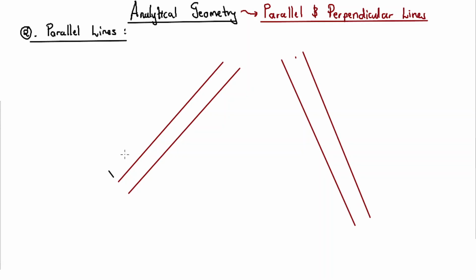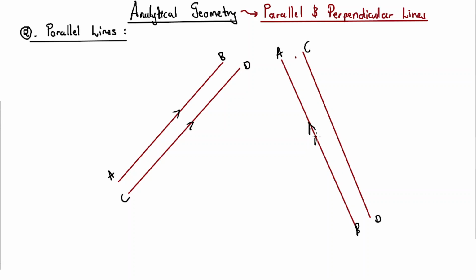So I have line AB, C, D. We say these two lines, AB is parallel to CD. Then I also have another AB line and a CD line.